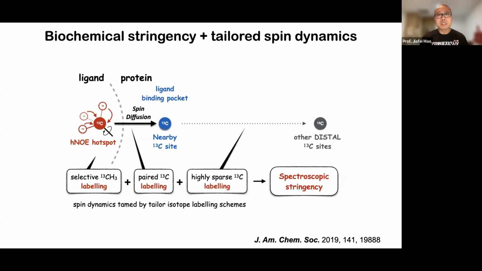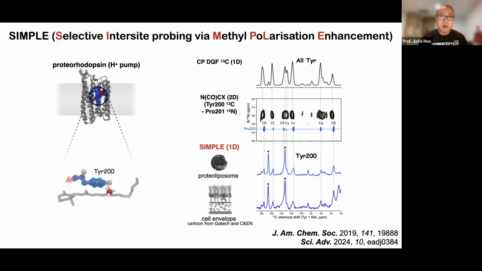And when I was in Clemens' group, we also developed a method starting from the methyl group. They have very interesting DNP solid-state magic angle spinning dynamics, so we can use them together with a sparse labeling scheme on the protein to visualize selective sites. We call this method SIMPLE.